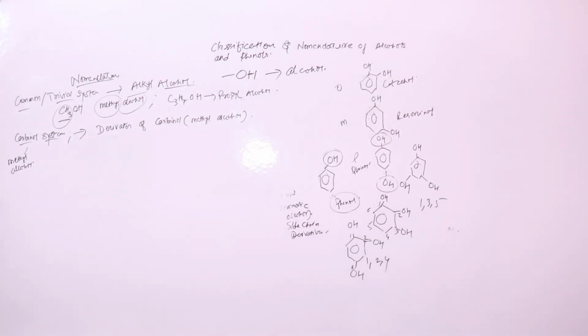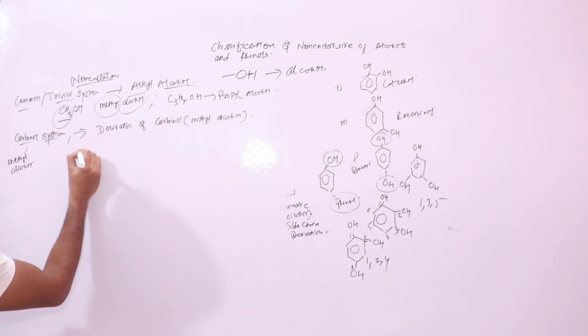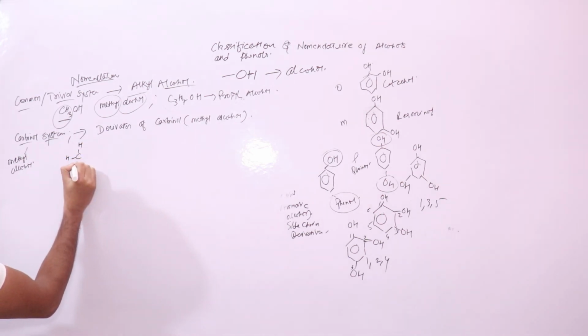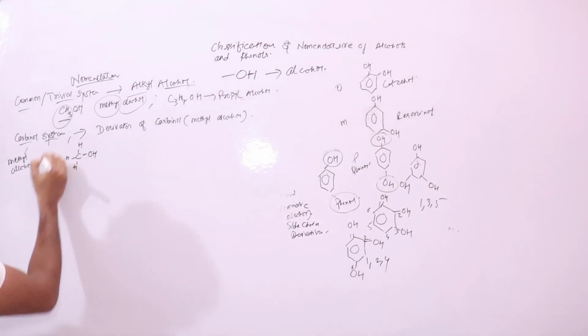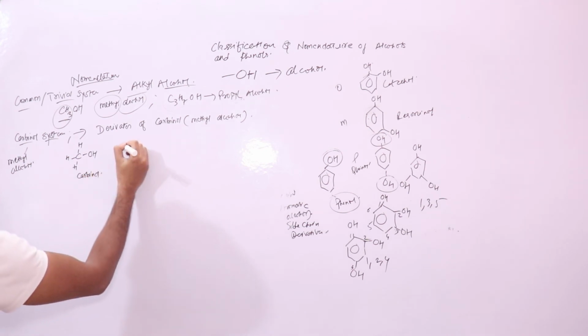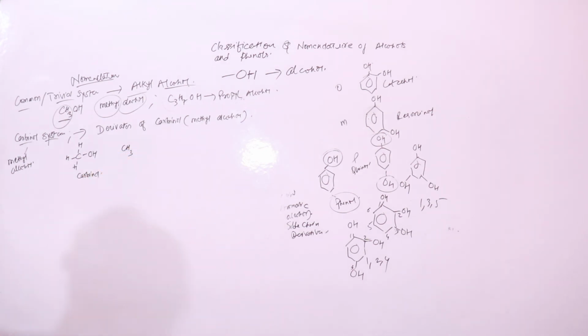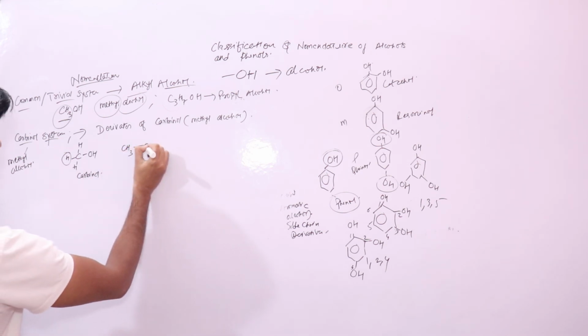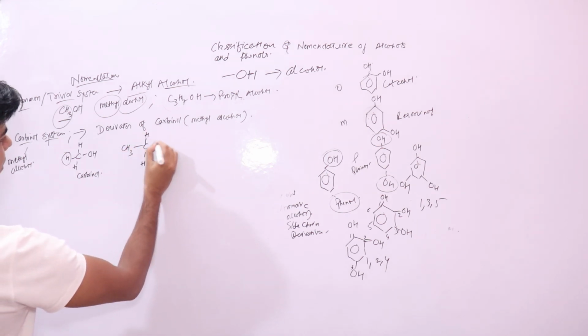Now let's name some of them. If this is the compound, this is methyl alcohol, so we will name it carbinol only. Now if I replace one of the hydrogen atoms with a methyl group, it will become this.